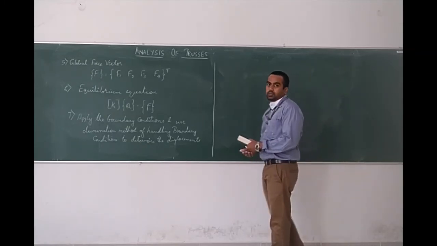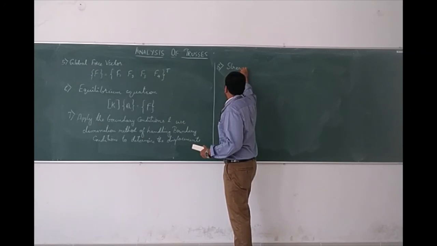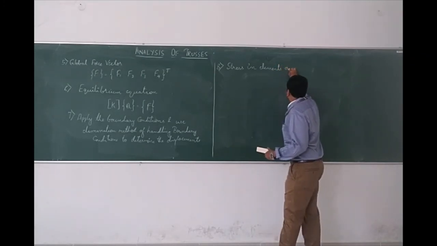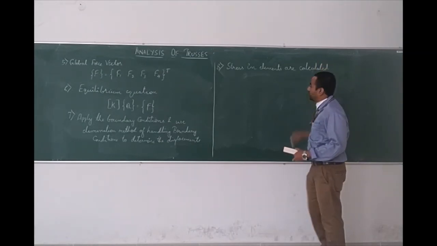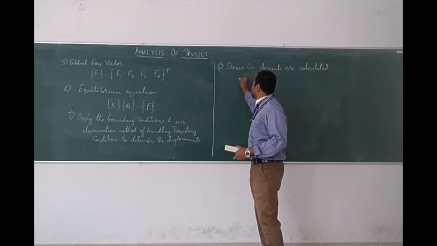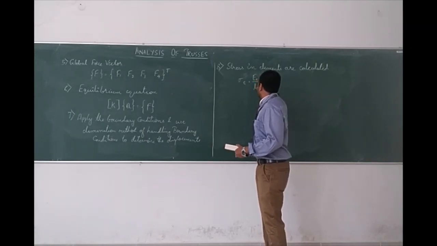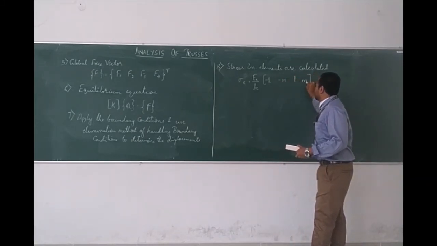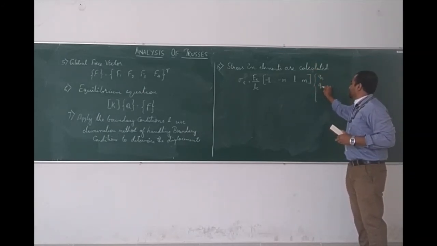Stress in each element is calculated by the formula sigma e equals capital E suffix e by l suffix e multiplied by the row matrix minus l, minus m, l, m, multiplied by the displacement vector Q1, Q2, Q3 and Q4.